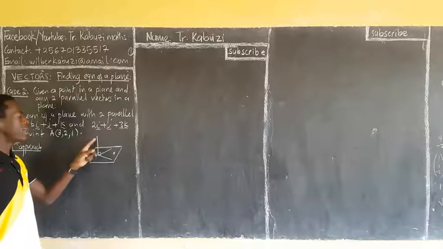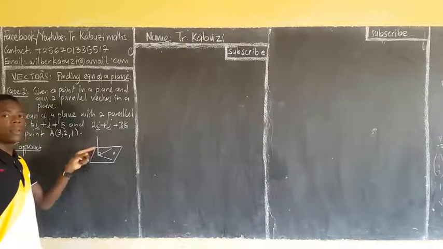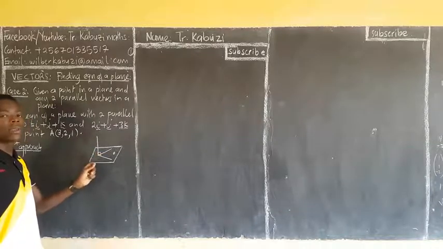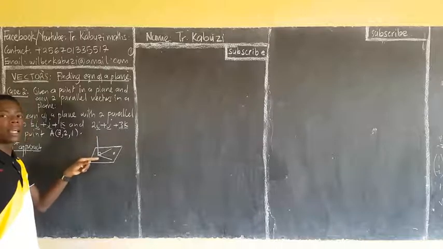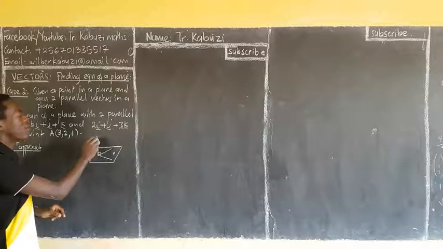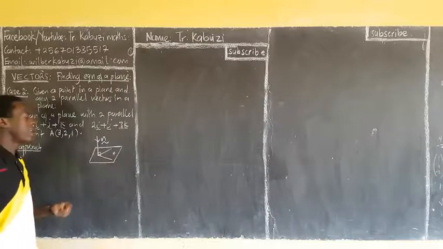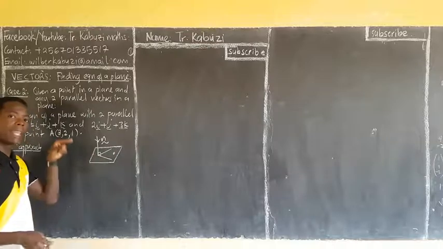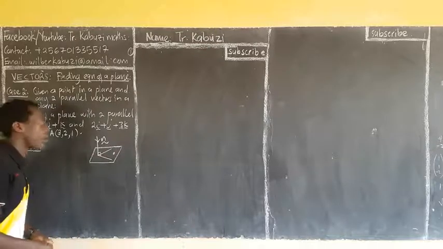So it means that after crossing them, I will get a vector perpendicular to them. But because they are also in the plane, this perpendicular vector is going to be perpendicular to that plane, and so what we shall get is a normal vector. So whenever they give you any two parallel vectors in a plane, all you do is cross them, and that's how you get the normal.